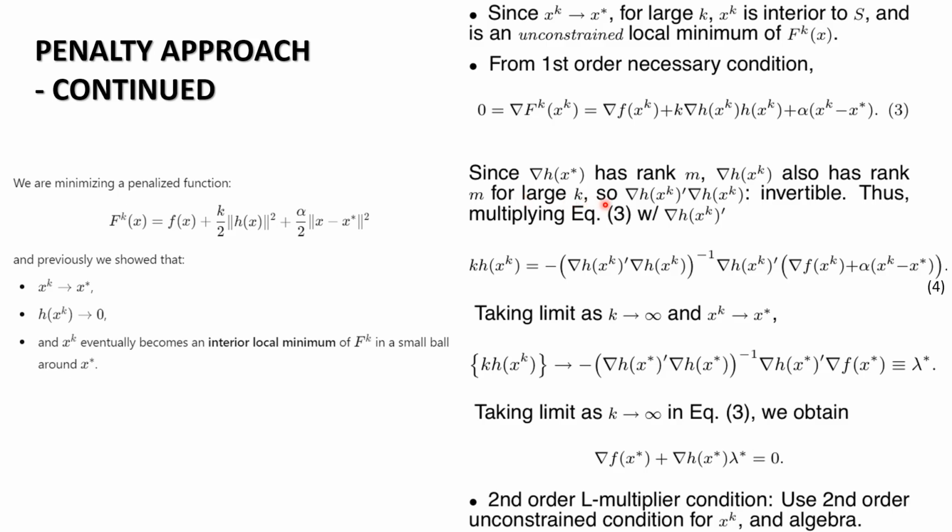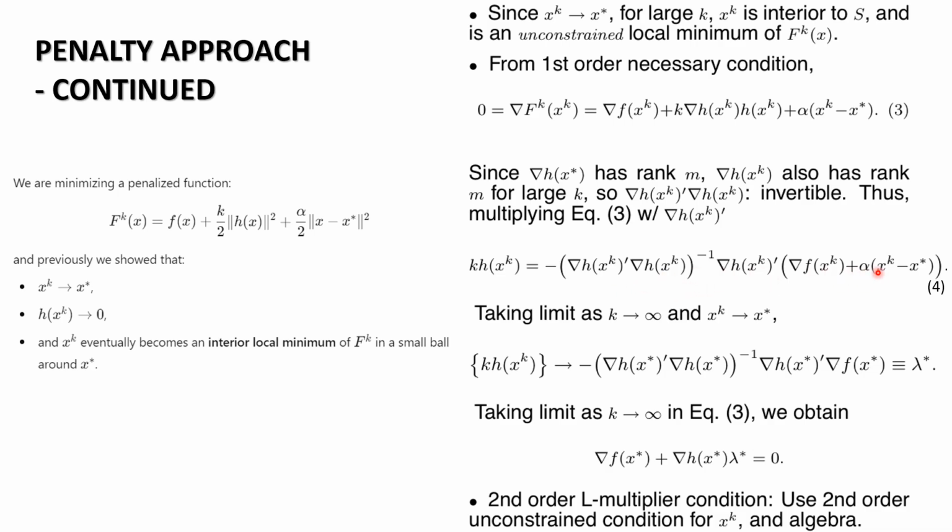Then this matrix, transpose gradient of h at x_k multiplied by gradient of h of x_k, is invertible, so we can left multiply equation 3 by such kind of transpose gradient to isolate the multiplier k times h of x_k.